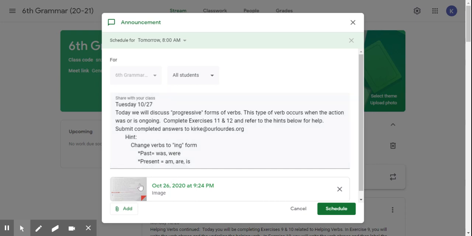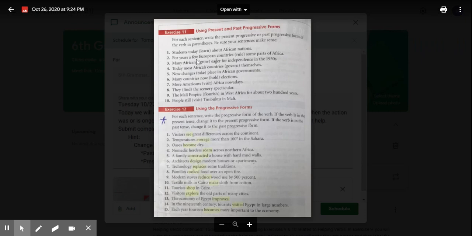So let's go back to it one more time. Okay, students today am learning about African nations. Students today are learning about African nations, or students today is learning about African nations. Okay. The obvious best choice here is students today are learning about African nations. So, as far as where you write your answer, for number one, you just put the new created verb phrase.